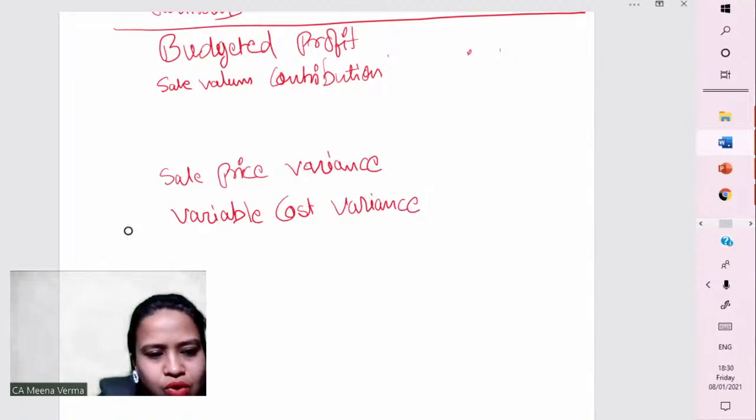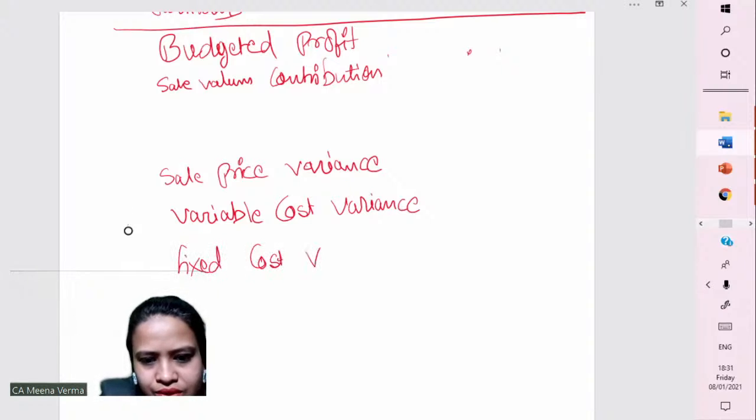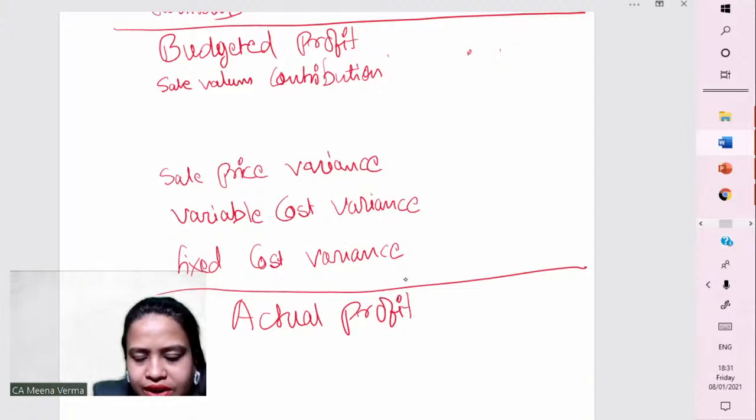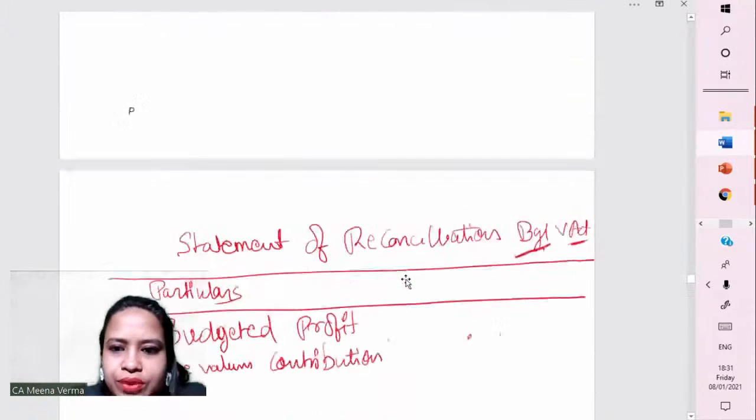What else? We will consider fixed cost variance. So this way we will get the actual profit.